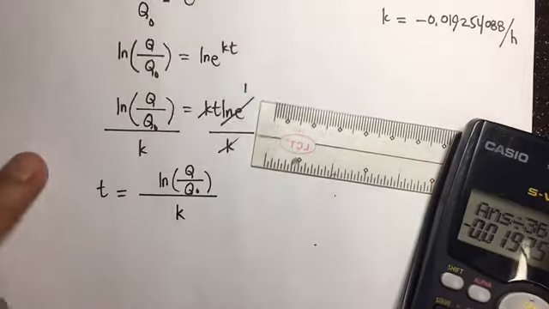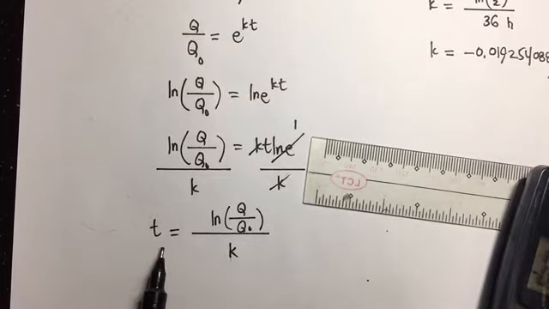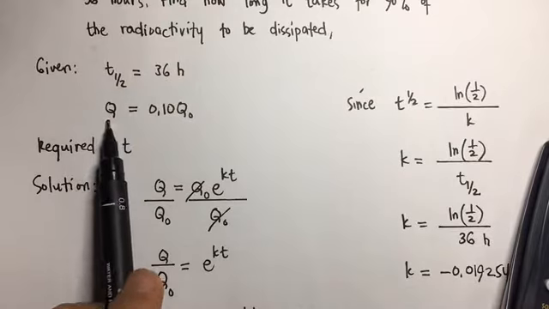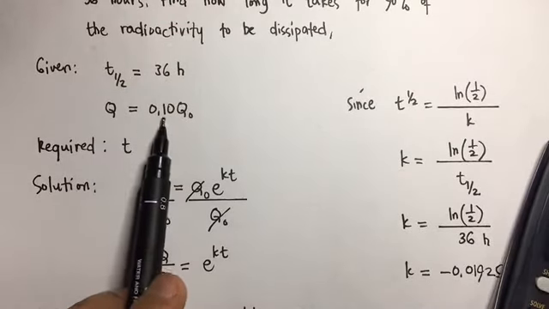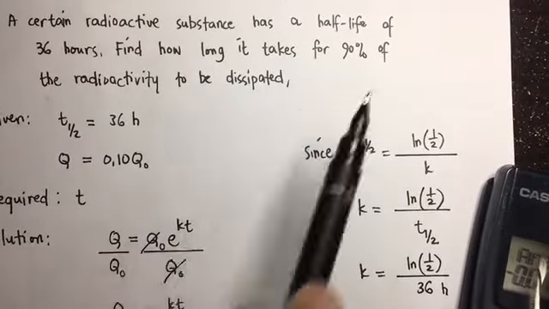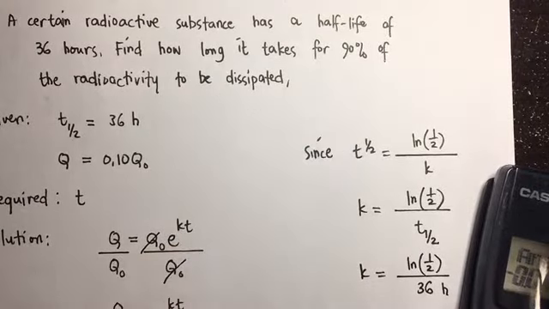Now we can solve for time t. Earlier we discussed that Q, the amount present, is equal to 10% of the initial amount, because 90% have been dissipated already.